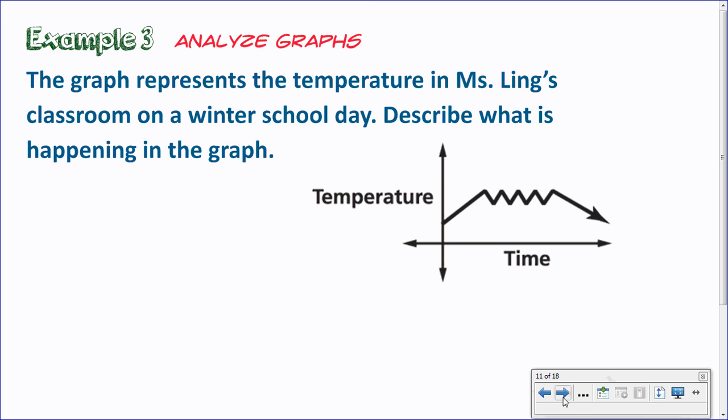What's happening here? Think about the thermostat in this room right now. We set it at a certain temperature, like 75 degrees, or 70 degrees. What happens when the temperature falls below 70? The thermostat kicks on. Once it reaches 70 degrees, what does the thermostat do?